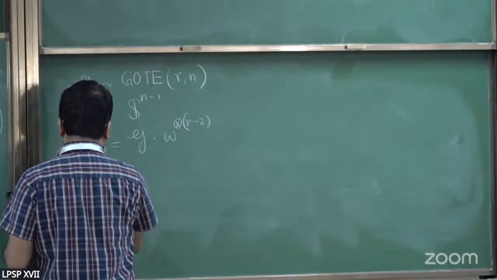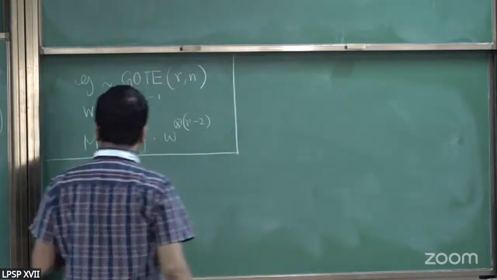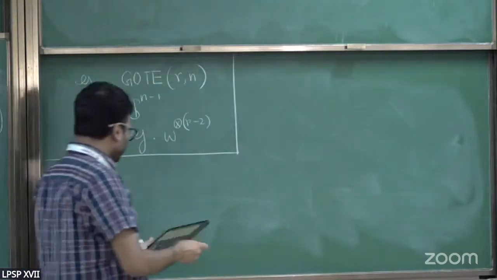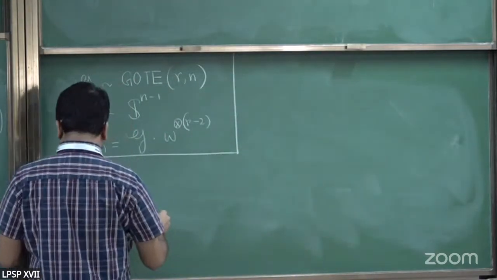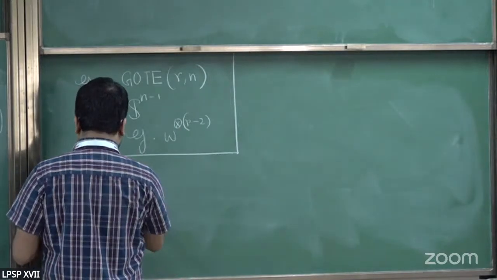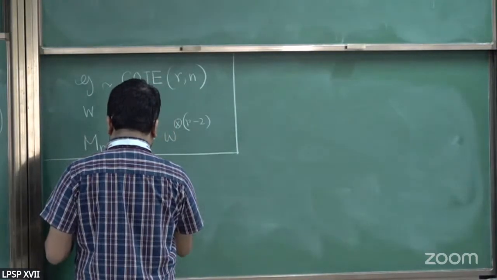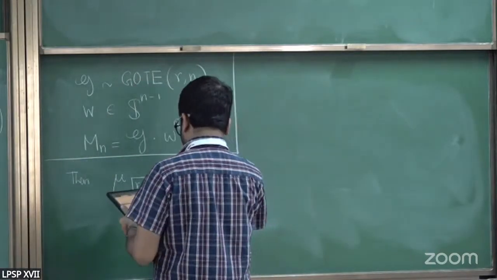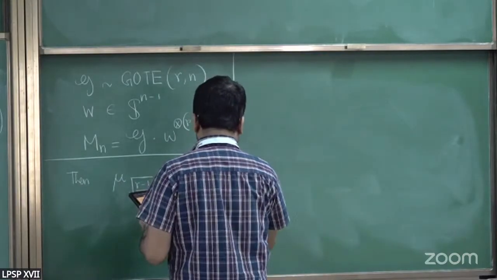Then in fact we can say a lot about the spectrum of this, and the techniques are very similar to what we did for hypergraphs. I wanted to show you some beautiful identities, so that's why I'm writing this. So the spectral distribution of the square root of (R minus 1) over R times M_n converges to the standard semicircle law.